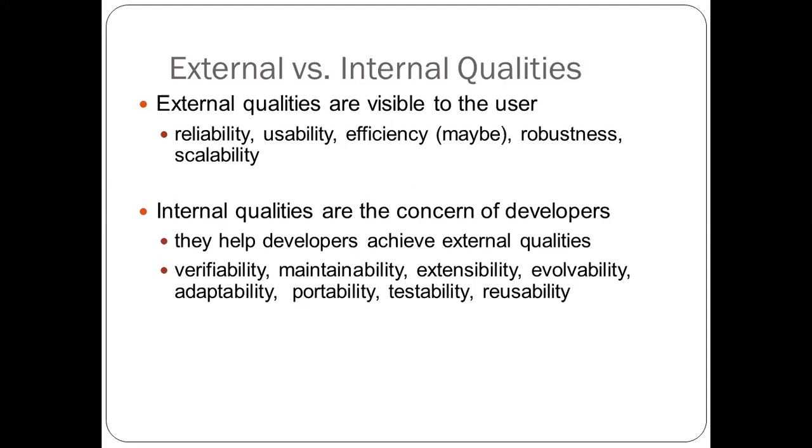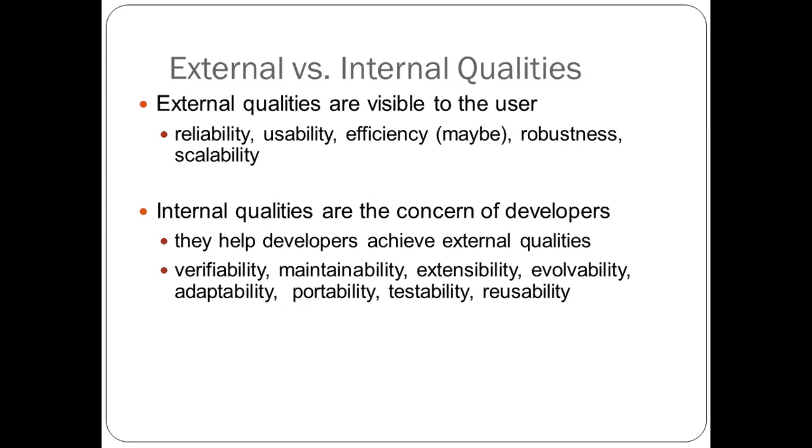Now, the internal qualities are the concern of developers. Here we can say they help developers achieve external qualities. About the external qualities, we have discussed all those factors, but how will we achieve them? The internal qualities help developers to achieve the external qualities. There are various factors.